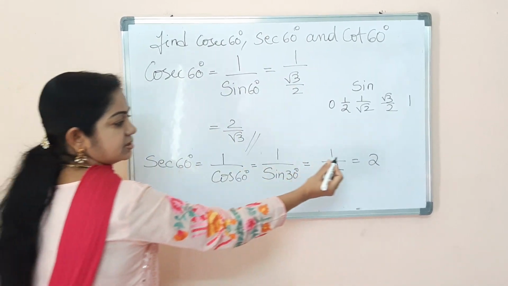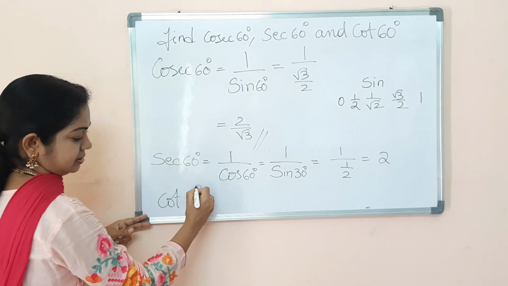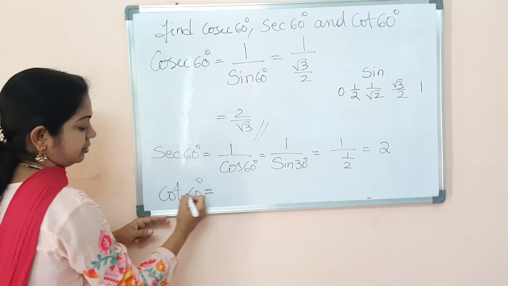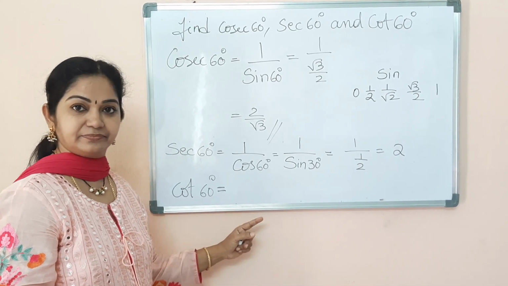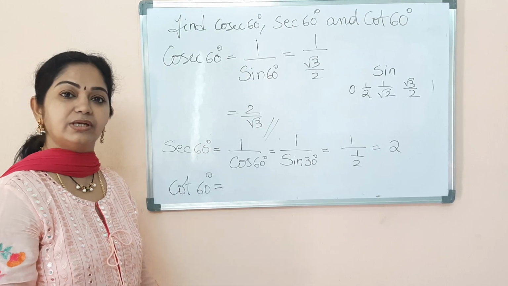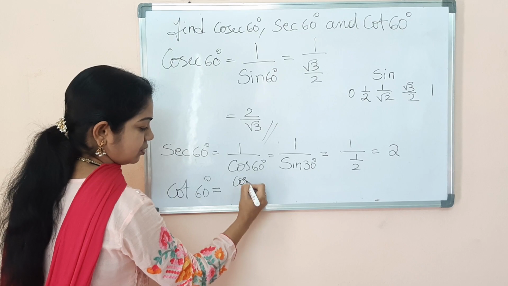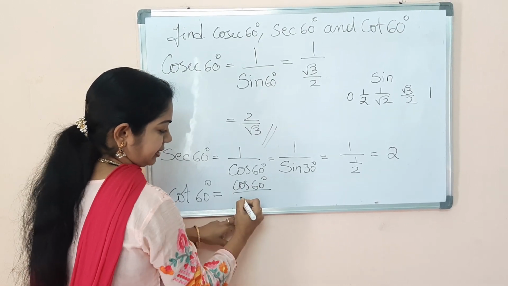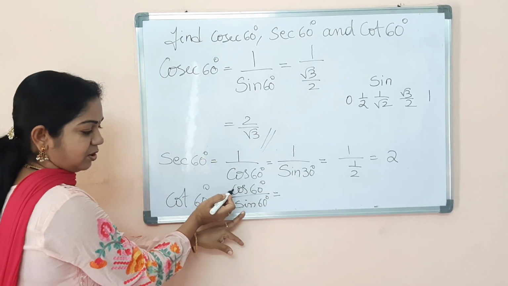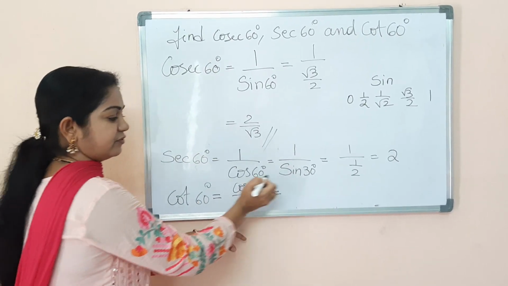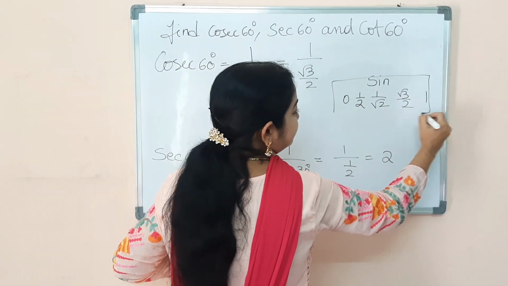So secant 60 degrees is 2, and cot 60 degrees is, we know that cot is the reciprocal or the multiplicative inverse of tan, and also we know that tan function is sine by cos. So cot is cos 60 degrees by sine 60 degrees. Now here cos, here sine. I told you we have to bring it into sine functions because we only know the sine values.